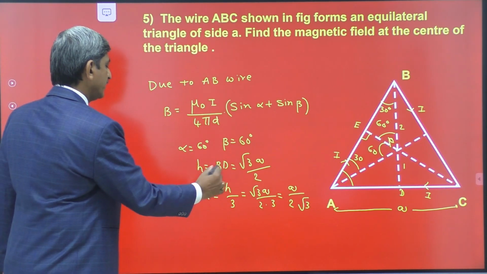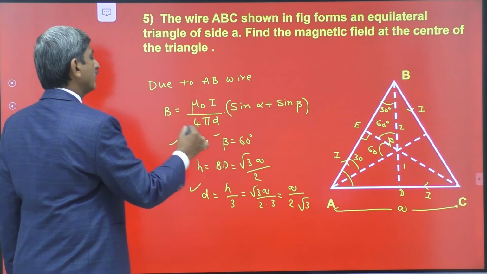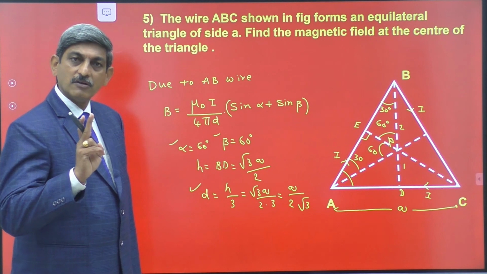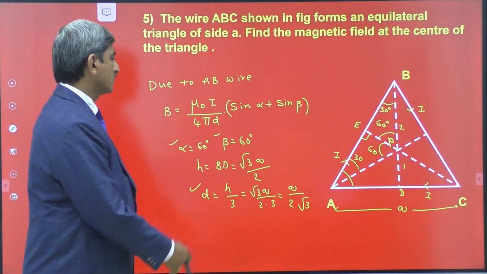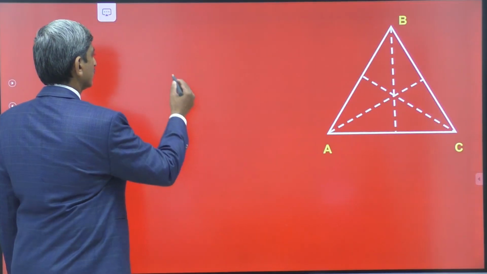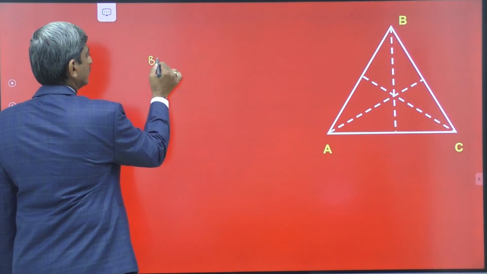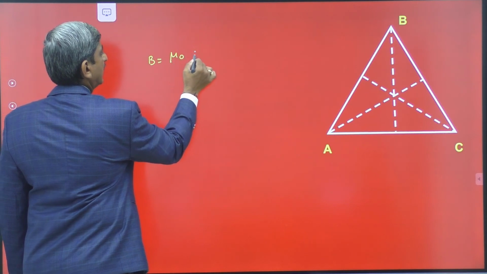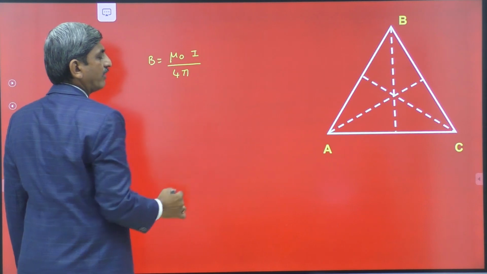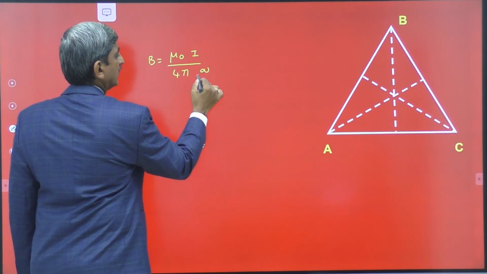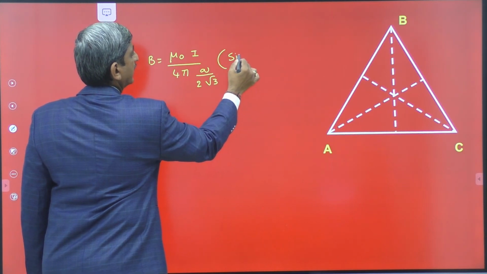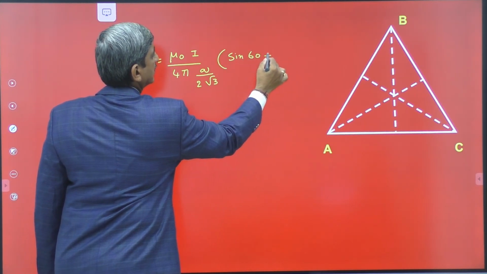Now substitute this D value, alpha value and beta value in this equation, we get the magnetic field produced by one side of the triangle. So by substituting, we have B is equal to mu naught I divided by 4 pi. What is D? D is equal to A by 2 root 3 into sin 60 plus sin 60.